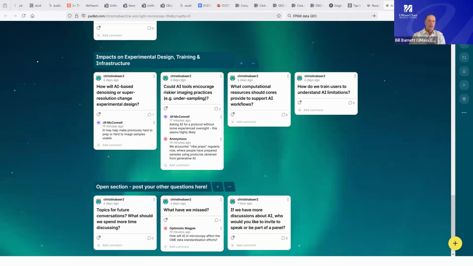And this is everything from, I want a tool for my microscope core, to I want something that I can use to process my financial data for the financial projections for my institution.